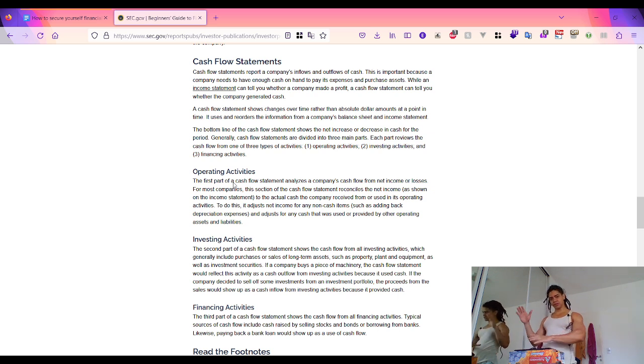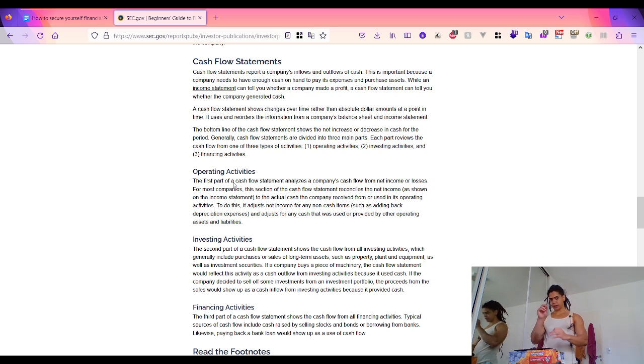So the bottom line of this statement shows the net increase or decrease in cash over a period of time. This is made up of generally three main parts, where each part reviews the cash flow from one of three types of activities: operating, investing, and financing.